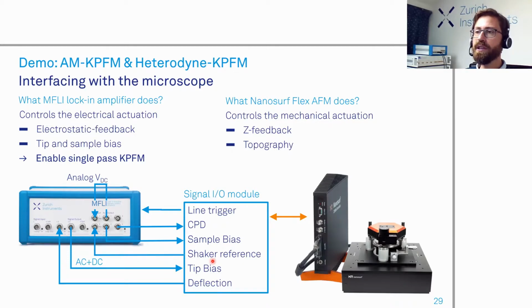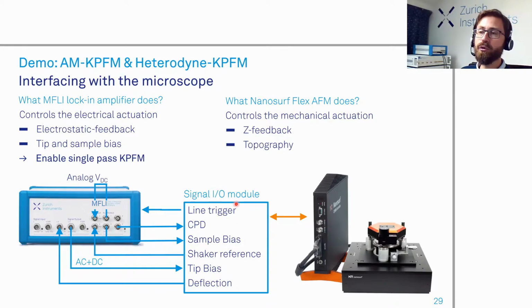So you typically use the shaker reference as an external reference input. And whenever you have finished the regulation with the PID, or when the PID is on, then you can send out this contact potential difference value, or the surface potential, to the controller on an analog output so that it can also be imaged by the SPM controller.